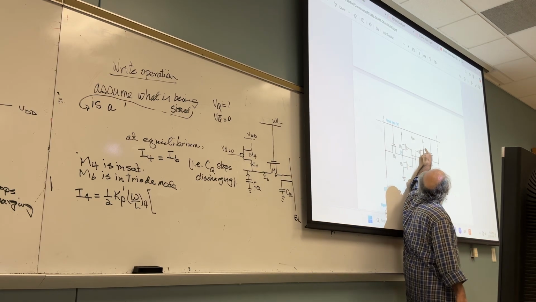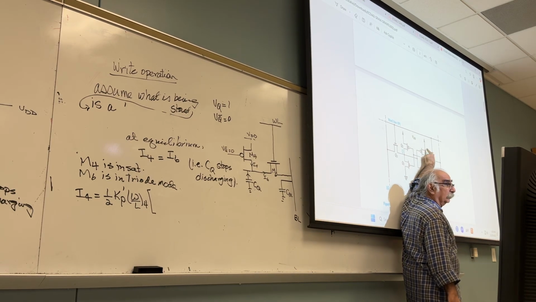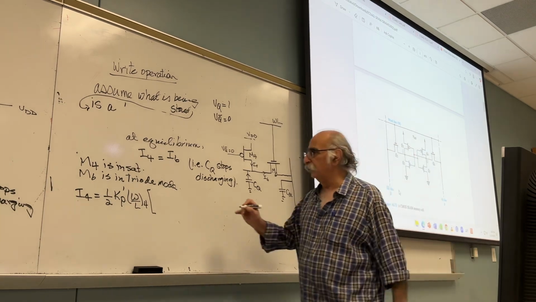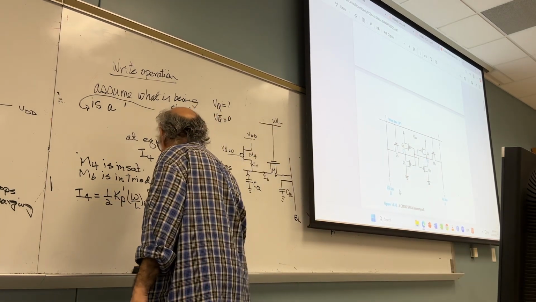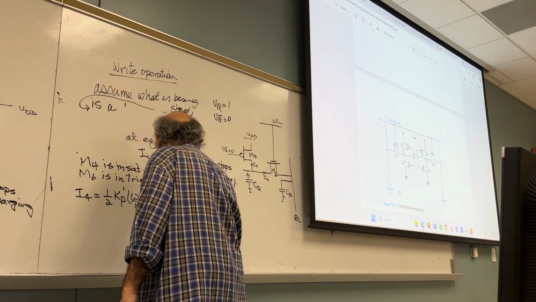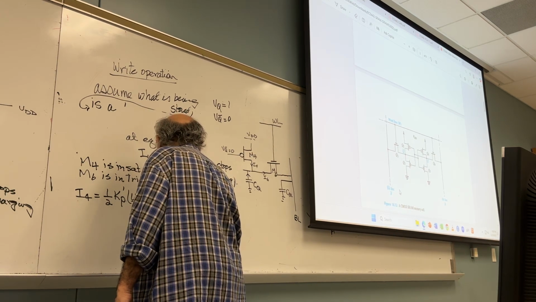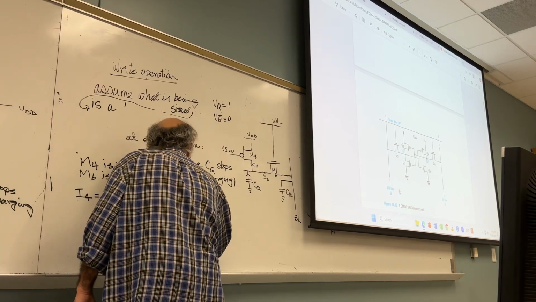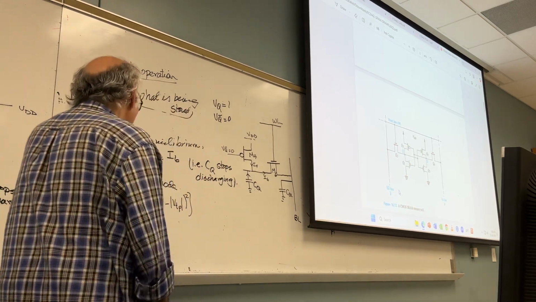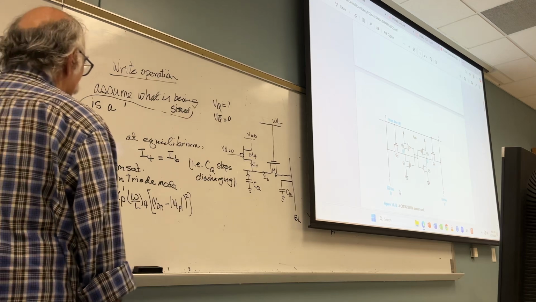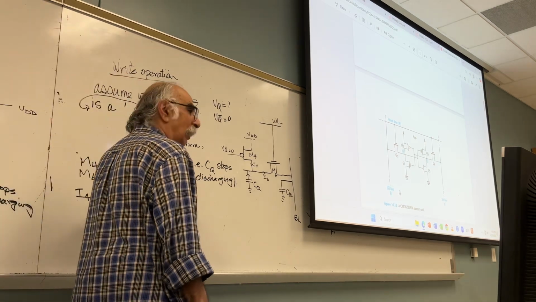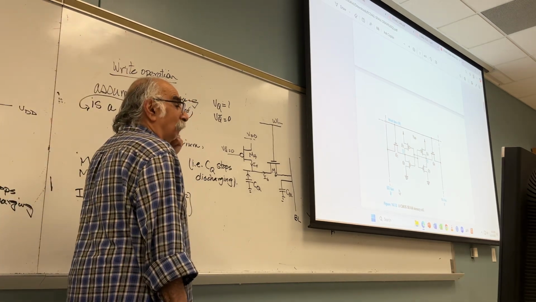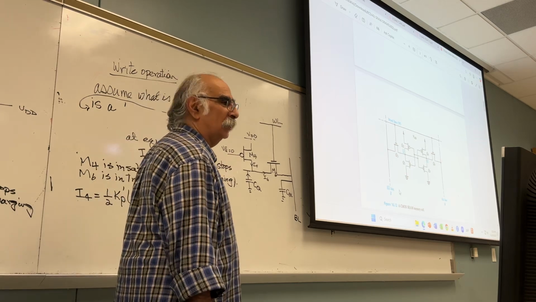What is here? VDD. So what is it? VDD. Agree? Why did I put the absolute value? Because PMOS has a negative threshold.